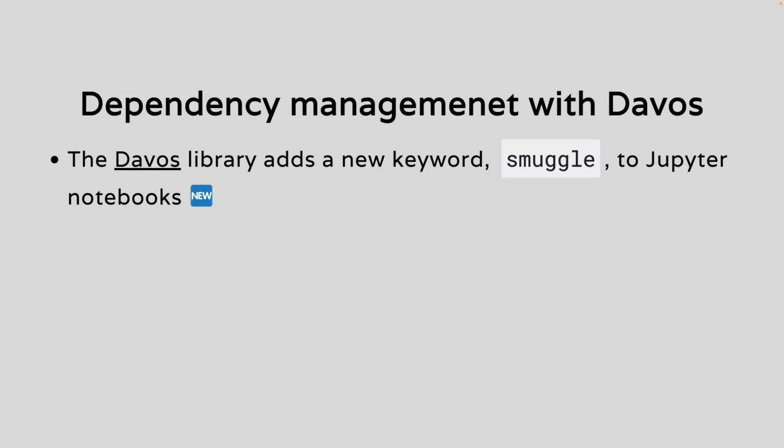So one of the tools, and I'm biased because my lab is putting this out, but I've used it a bunch of times and find it really useful. We've developed this toolbox called Davos. Paxton alluded to this in his student presentation. It gives you access to a new Python keyword called smuggle.